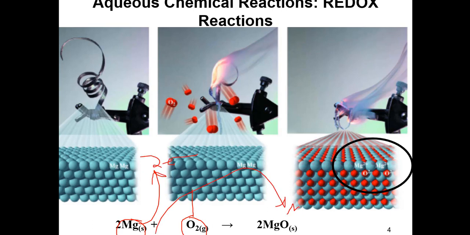forming magnesium 2+. I know it's kind of hard to see, but here is my solid magnesium, and then here is magnesium 2+ as it gave off 2 electrons. And it gave off those 2 electrons to oxygen, which I'm circling now, forming oxide ions.